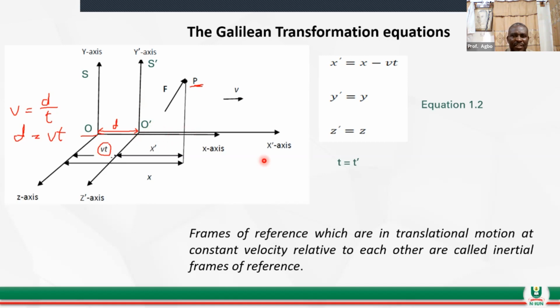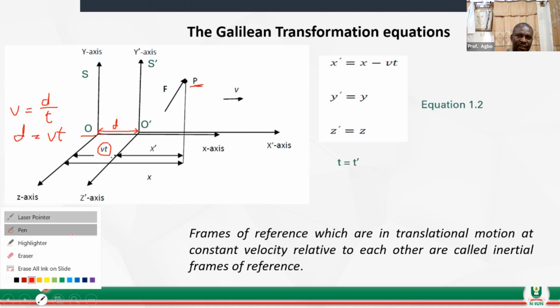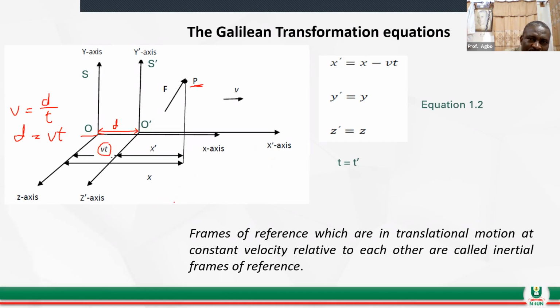Once it's at constant velocity, that means acceleration is zero. Remember that acceleration a is equal to dv/dt. If velocity is constant, not changing, then the derivative is zero, dv/dt is equal to zero.